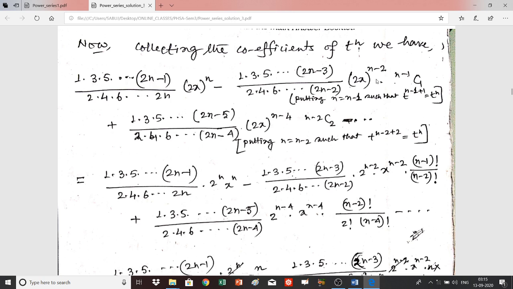You can write this, and this term, just expand: this will be the factorial of these minus the factorial of these minus this.